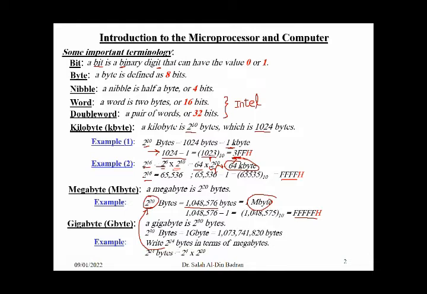To write it in mega. 2 to the power 24 is 2 to the power 20 multiplied by 2 to the power 4. And this one is 16. This one is mega. So we will have 16 megabytes.